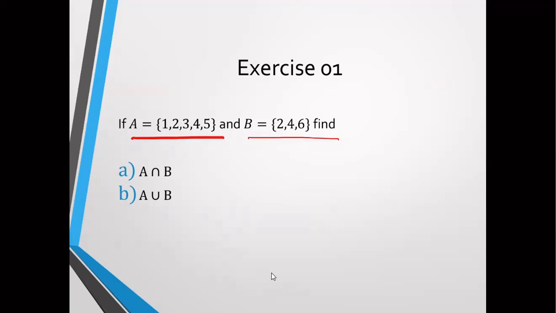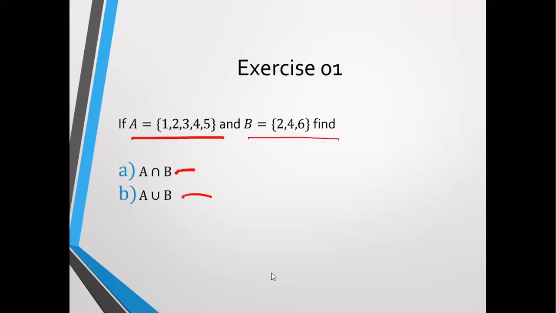Now we want to find A intersection B and A union B. What you need to understand here is A intersection B is another event, another set. So what is A intersection B?